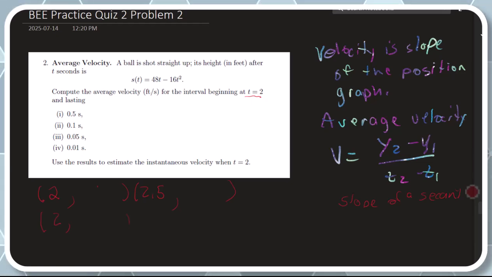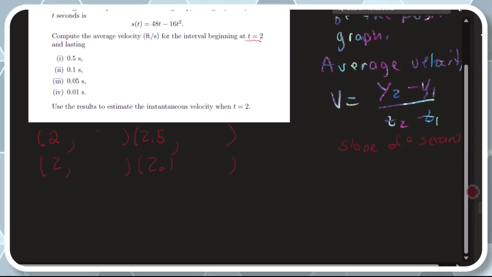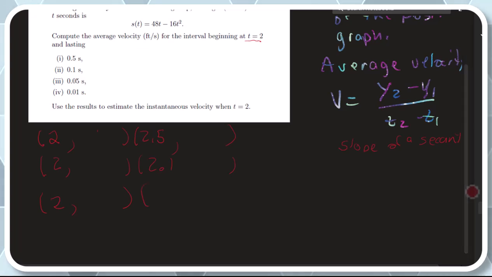Our second secant line will start at 2 and end at 2.1, because it says 0.5 seconds after 2 seconds. Then our next one will go to 2.05, and our last one will go to 2.01.